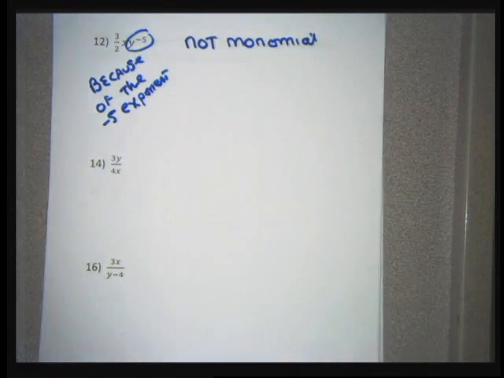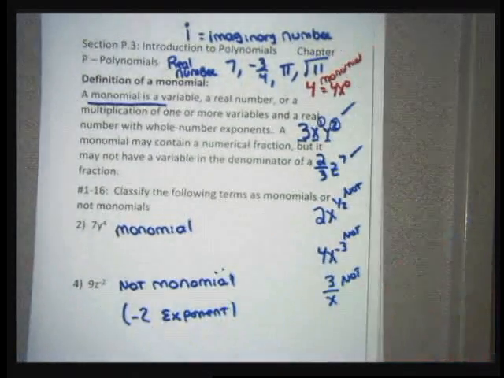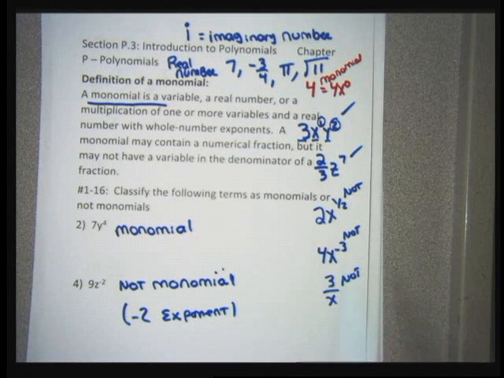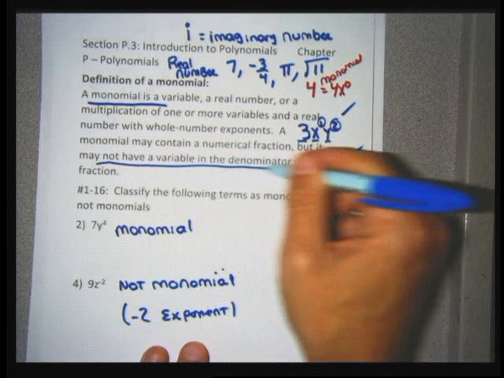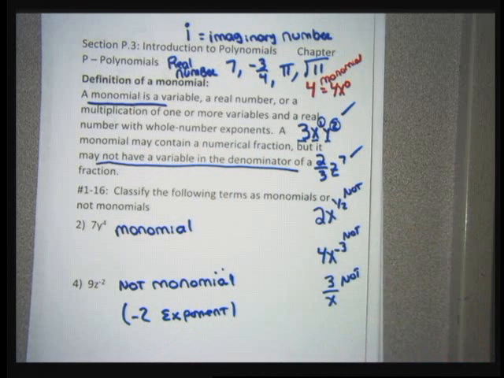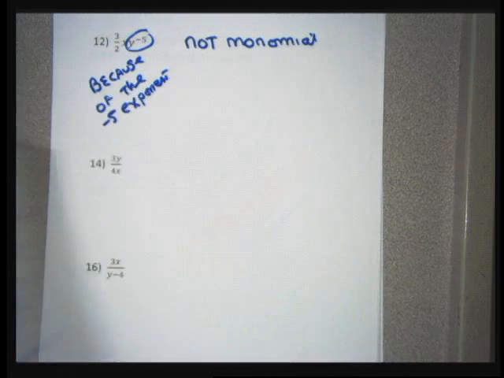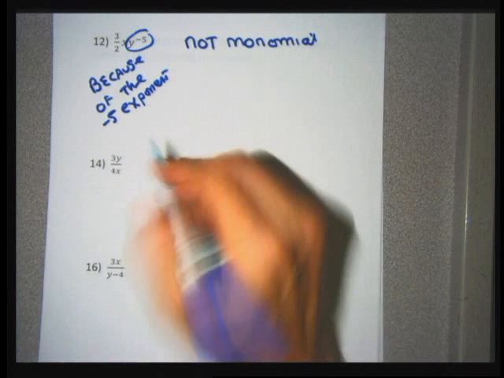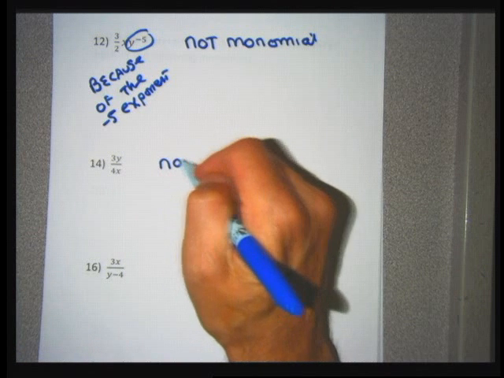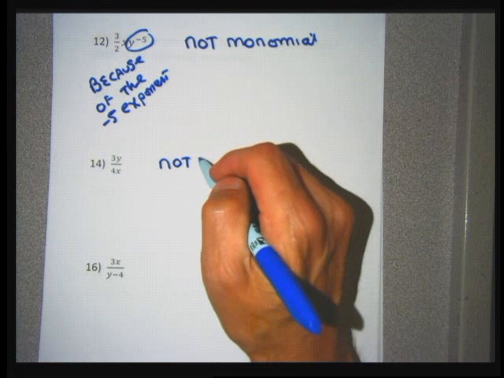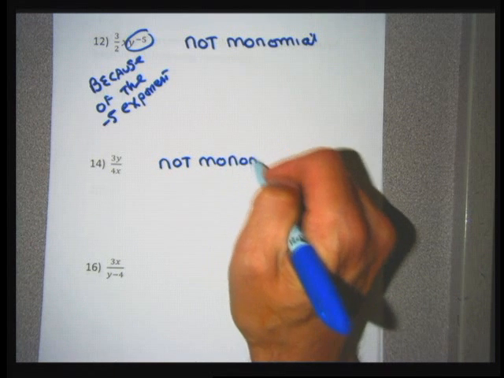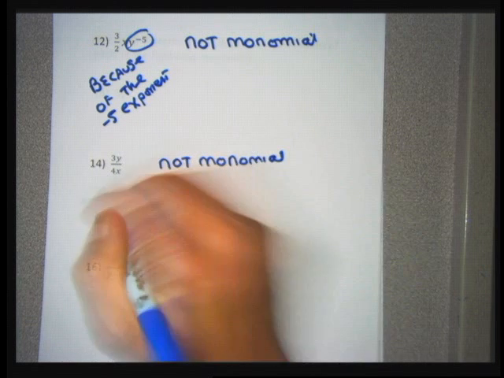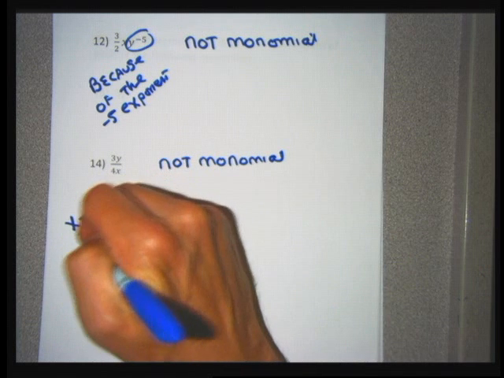Number 14, if you went back to this first sheet, I added this little comment: you may not have a variable in the denominator of a fraction, which variable and letters I use interchangeably, and that's going to make 14 not a monomial. The 3y and the 4 aren't messing me up, but the x in the denominator makes this not a monomial.